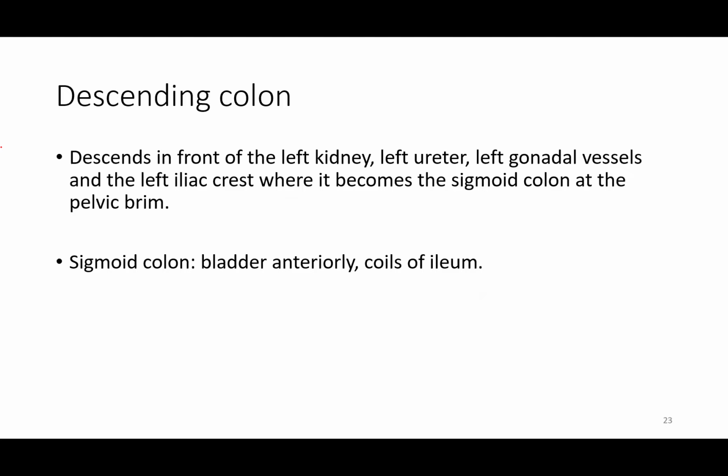The descending colon descends in front of the left kidney and the left ureter. You can see these two structures featured here, the left ureter and the left gonadal vessels, and the left iliac crest, where it becomes sigmoid colon at the pelvic brim. So the sigmoid colon commences at the pelvic brim.